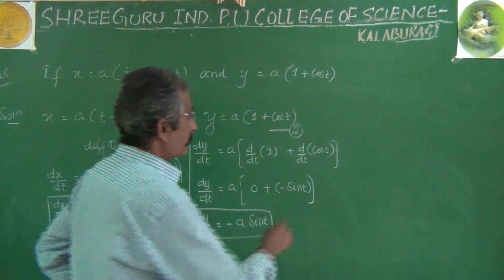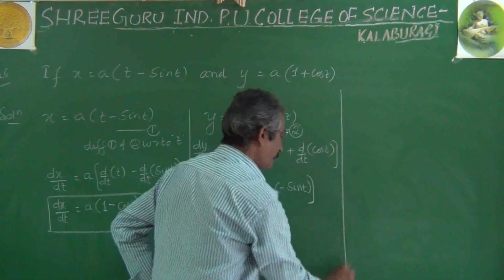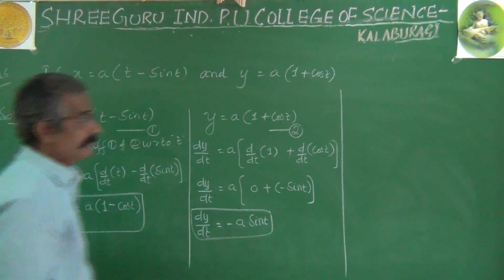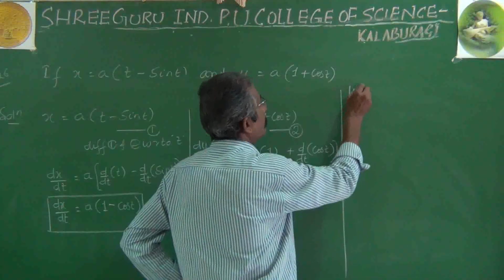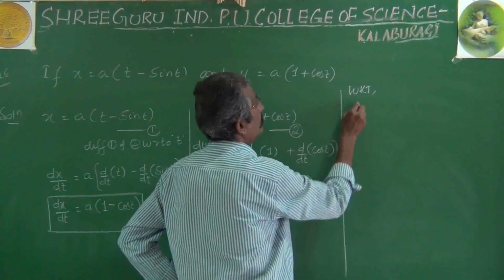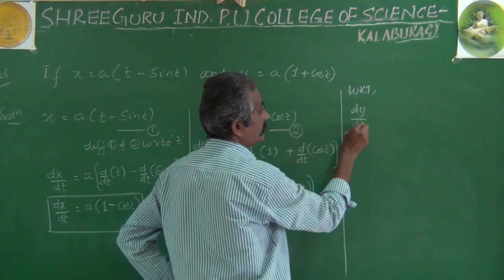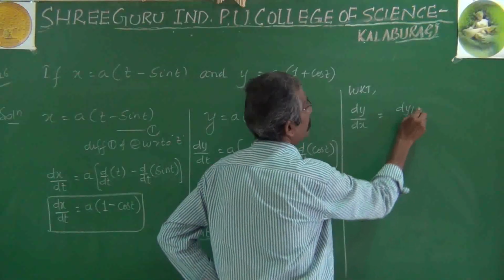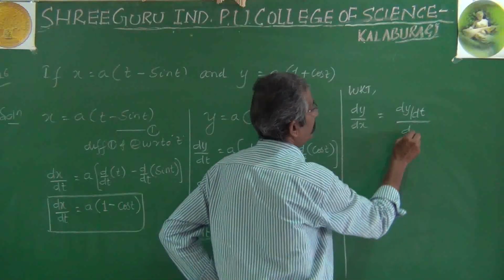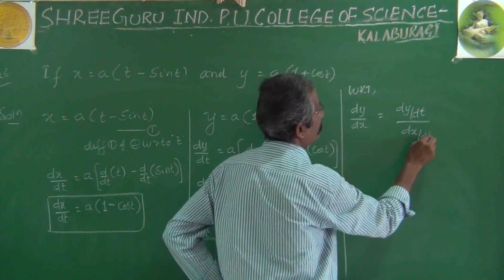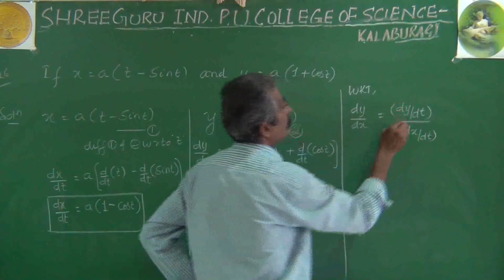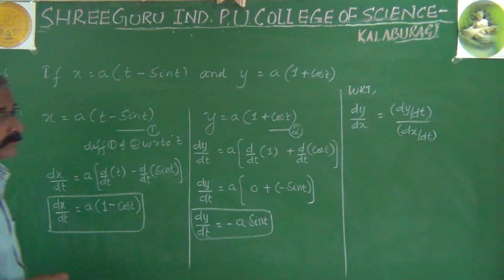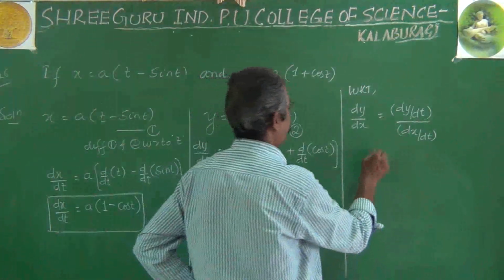Next, we shall impose the formula for dy by dx for parametric functions. We know that dy by dx, exclusively in parametric format, is given by dy by dt divided by dx by dt. Substitute values of dy by dt and dx by dt.